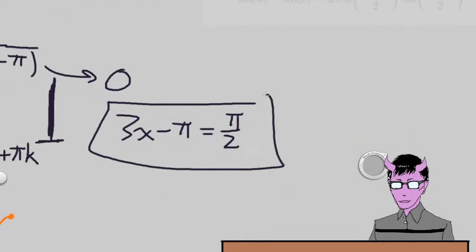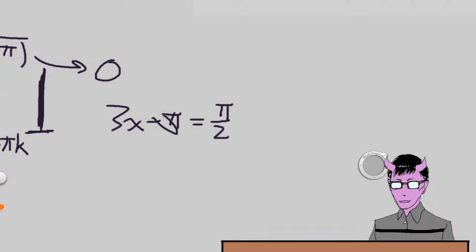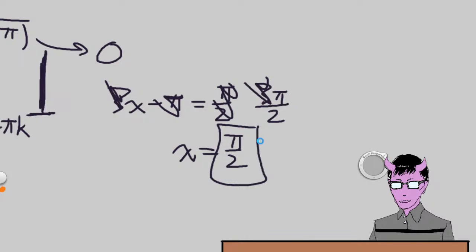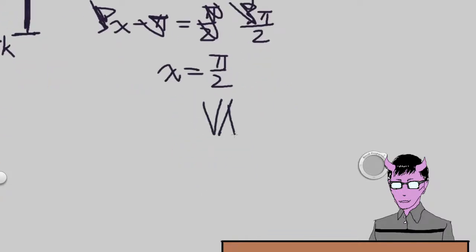So hence the reason for this particular mathematical setup, we're going to add pi to both sides. And then we're going to divide both sides by 3. So divide by 3, divide by 3. X is therefore equal to pi over 2. And this is going to be the first vertical asymptote that we can identify.